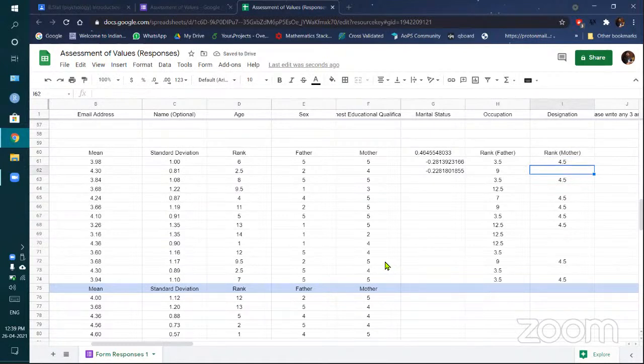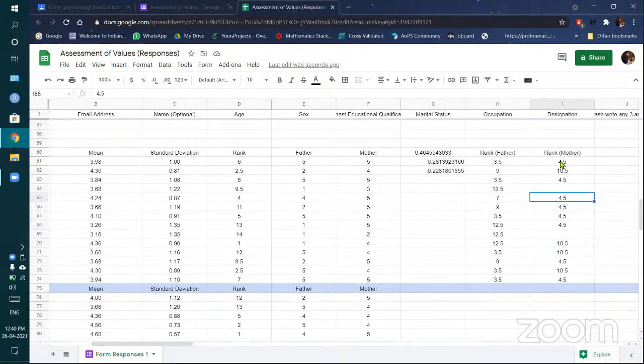There are how many 4s? 1, 4, so 10.5. Fourteen has become 1.3.